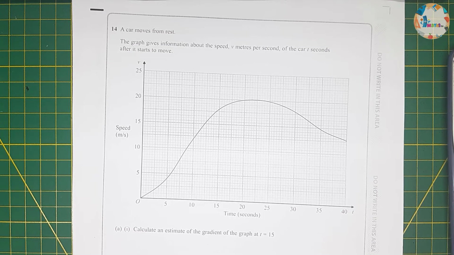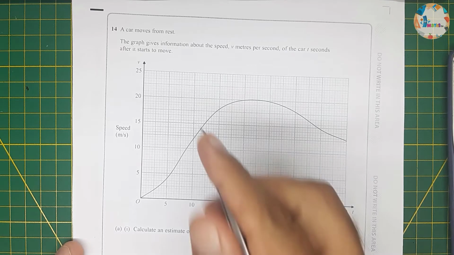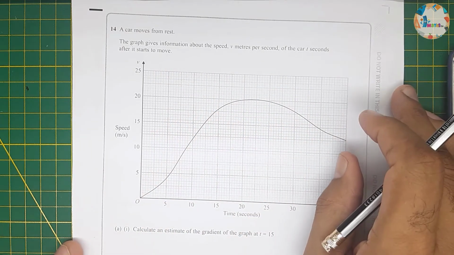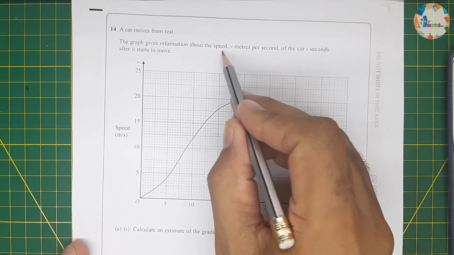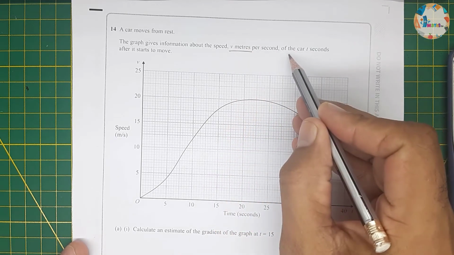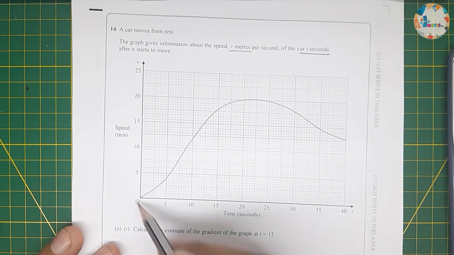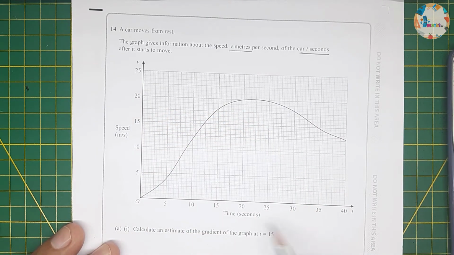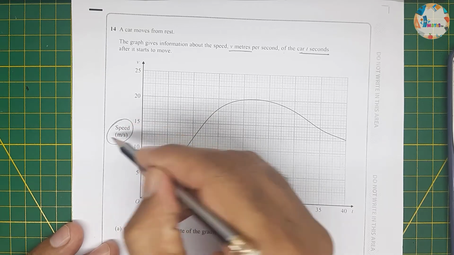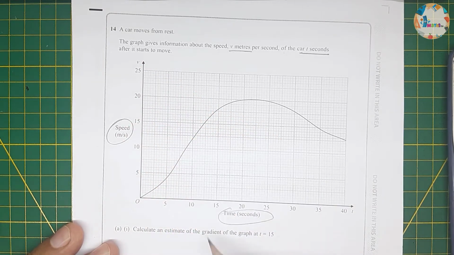Question number 14. A car moves from rest. The graph gives information about the speed v meters per second for the car at t seconds. So this is velocity, or speed, and this will be the time.